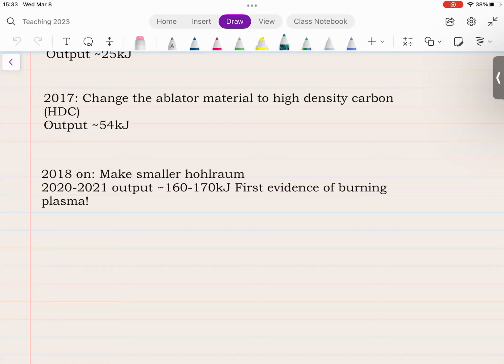What burning plasma means in ICF terms is that a significant fraction, in fact, most of the energy that gets deposited in the fuel is coming from alpha heating, about 2/3 of it, actually. So that means that the hotspot is self-heating.